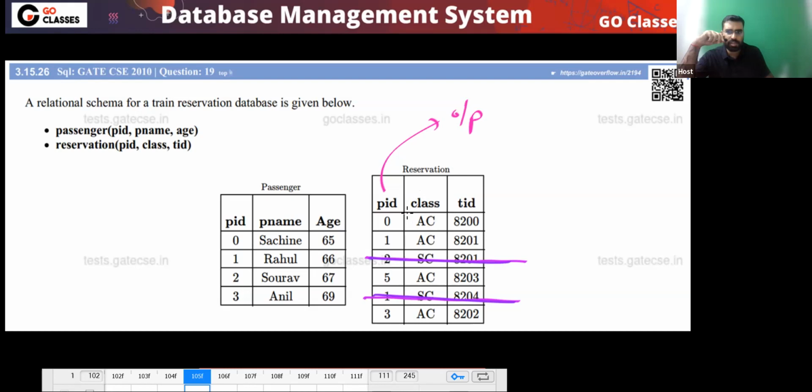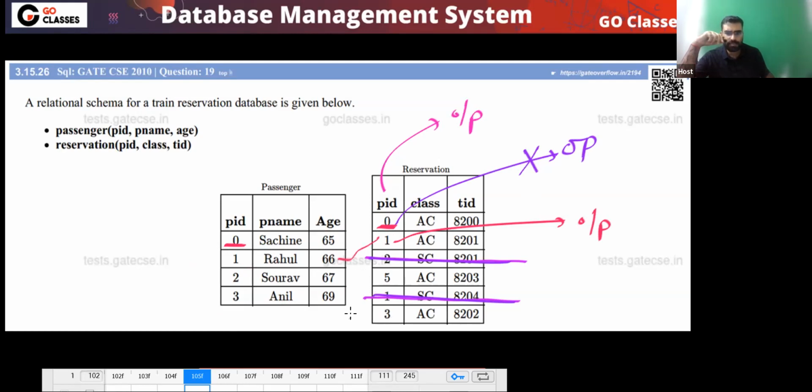So definitely this will not be in the output, right? Yes or no? Definitely this will not be in the output because the PIDs are the same, but age is not more than 65. Definitely this will come in the output because age is more than 65.